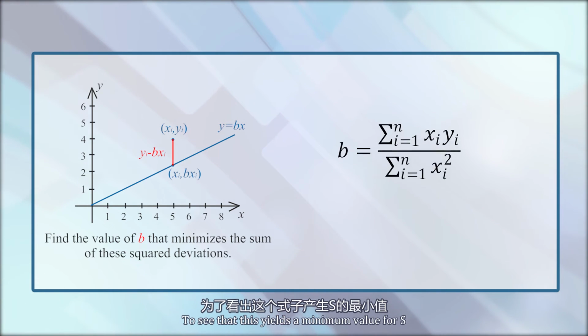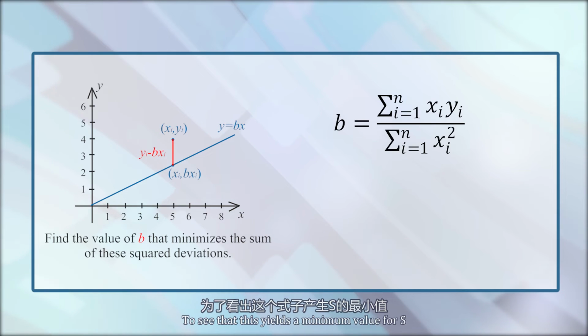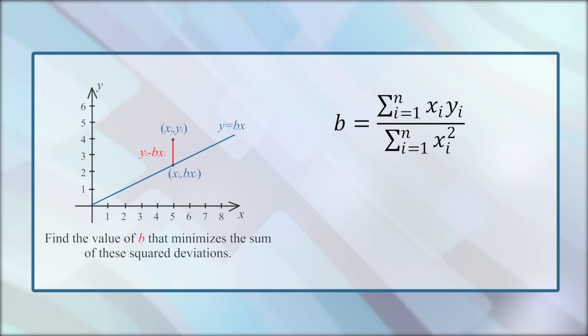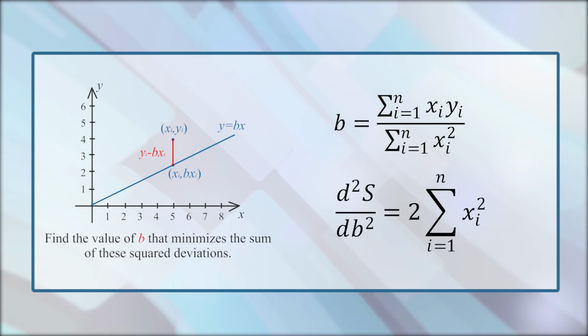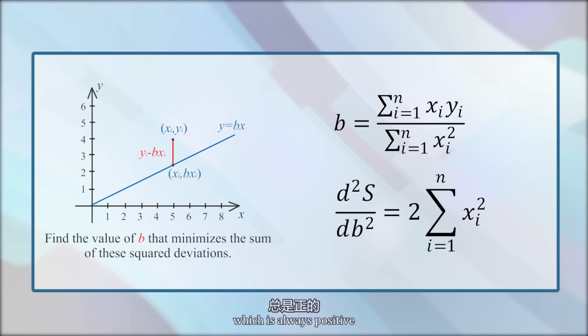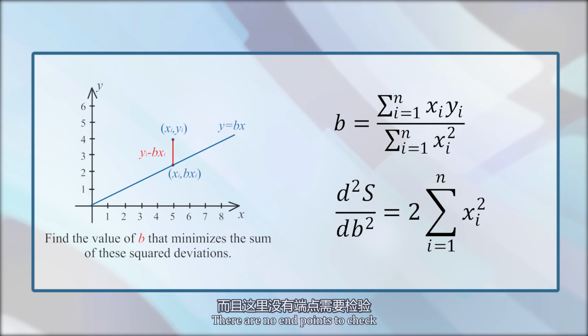To see that this yields a minimum value of S, we know that the second derivative of S with respect to b is equal to 2 times the sum of xi squared, which is always positive, and there are no endpoints to check.